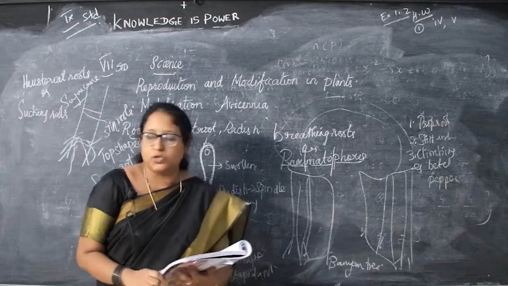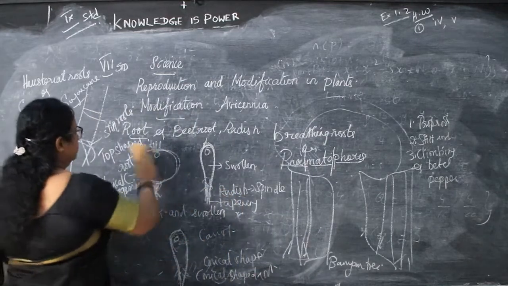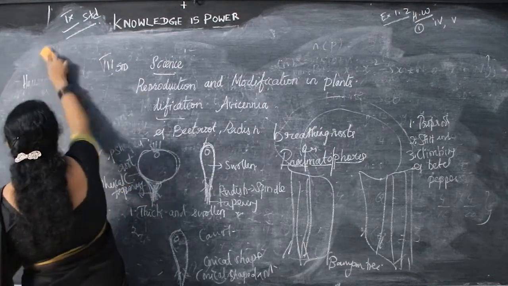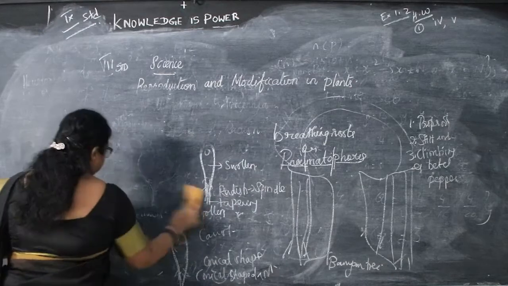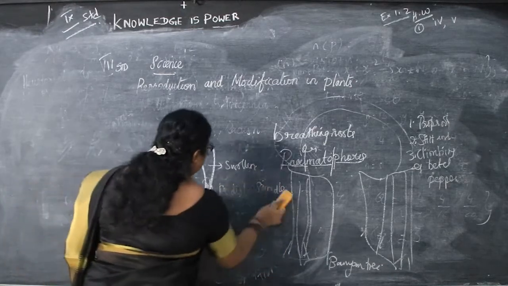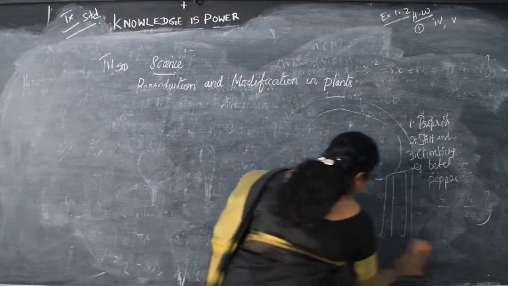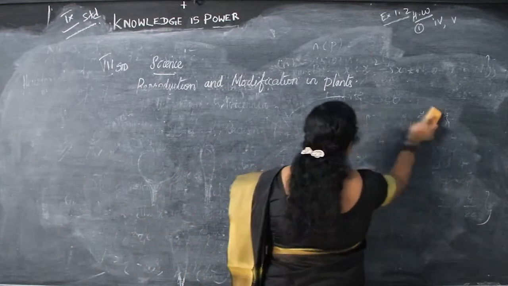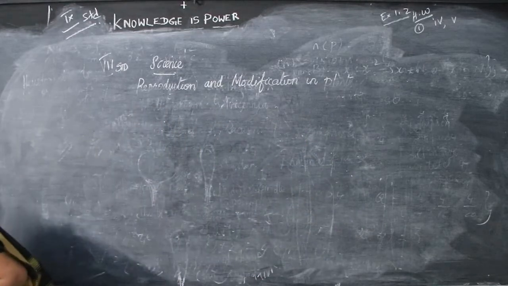Then next we will go to the modification of stems. So we saw the modification of root. Now we are going to see the modification of stem.